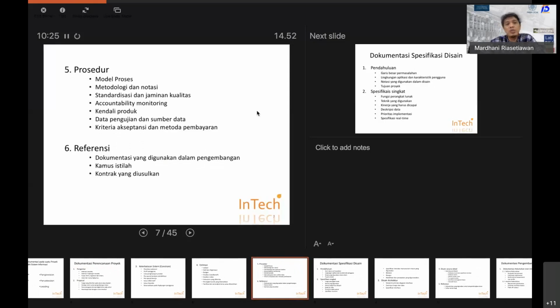The procedure is about the business model, a process model, about how the process will be implemented in the development of your solution or system. How about the methodology? So you need to check the methodologies. If they say they are using the software development lifecycle, you need to check whether the step-by-step process is complying with the software development lifecycle or not.